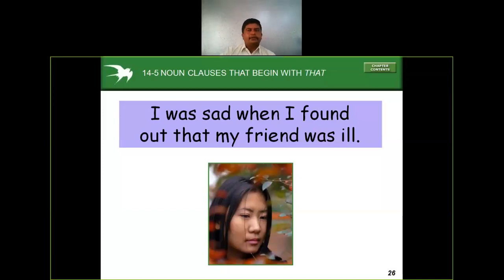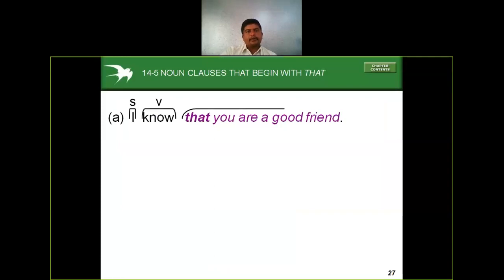It is an example. See how it has been divided. I is the subject, found out is the verb, that my friend was ill is the rest of the statement, known as an object. But remember, exclusively we have been talking about that.